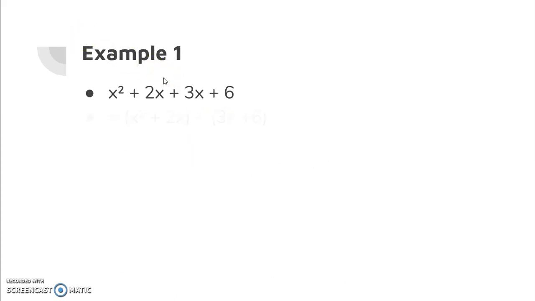In example 1, we have x squared plus 2x plus 3x plus 6, and we're trying to factorize this by grouping.